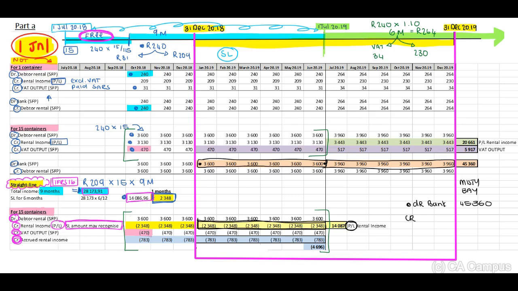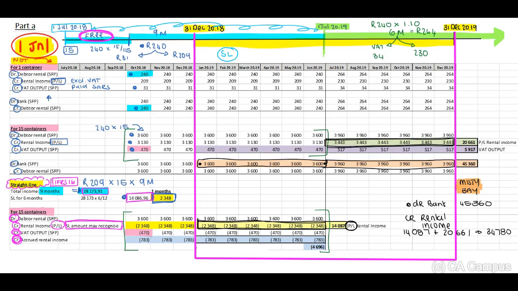Therefore, credit the rental income, and this will be the 14087 plus, for the last 6 months of the year, this green section, 3443 plus 20661, and we will credit our rental income with an amount of 34780.